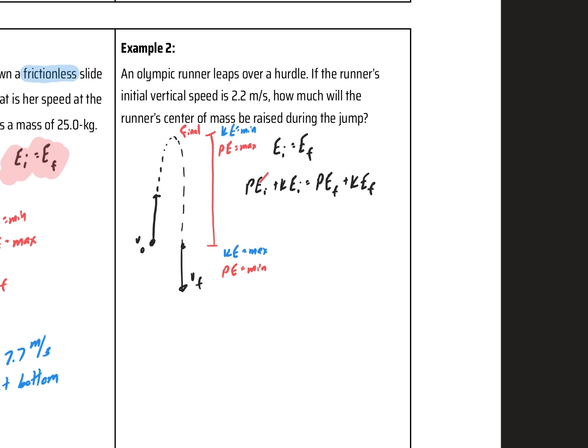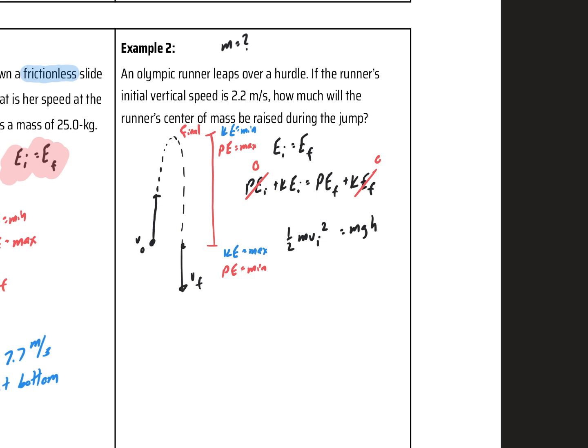So on the initial side, potential energy goes away. It's 0. The final kinetic energy goes away. It is also 0. Leaving me with my kinetic energy, 1/2 m vi squared, the initial speed, equal to mgh. Notice I didn't have a mass in the problem, and typically the mass gets canceled out.